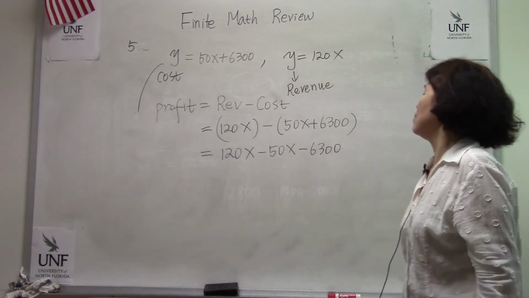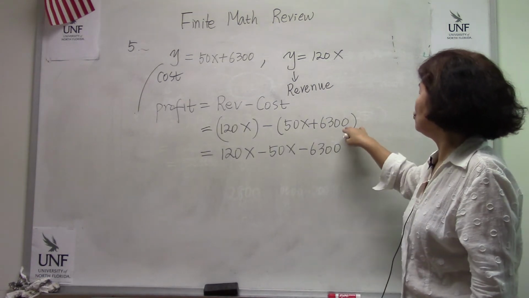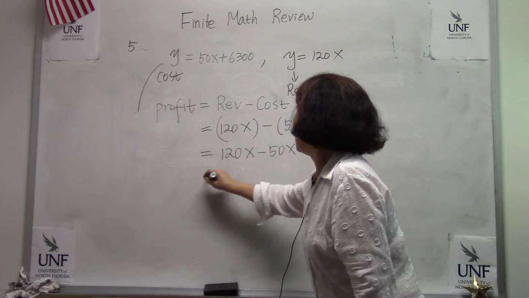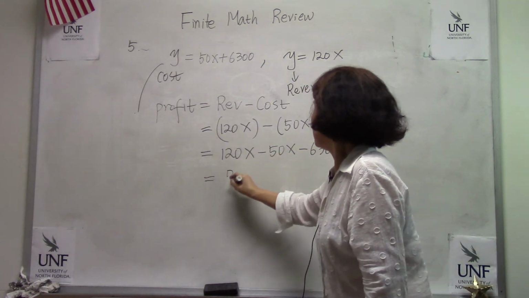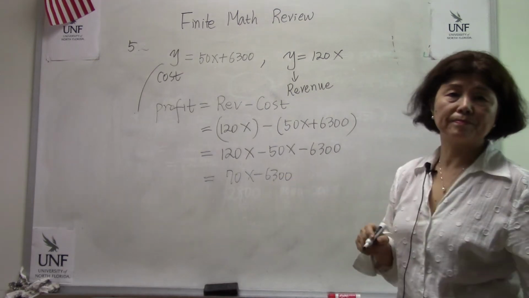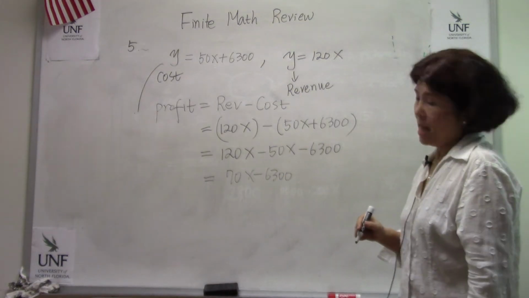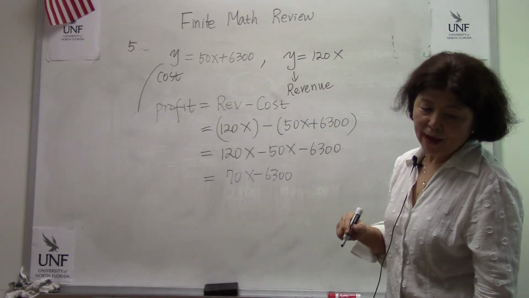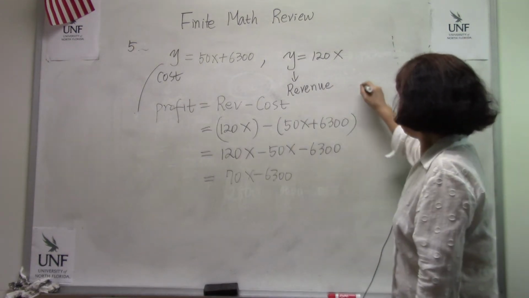Your main problem is that when you subtract, you do not apply the parenthesis. So you subtract here, 70x minus 6,300. Okay, so this is the profit, and then find the break-even point.